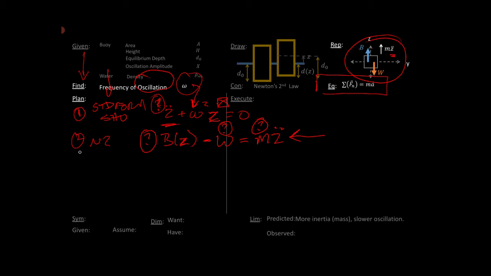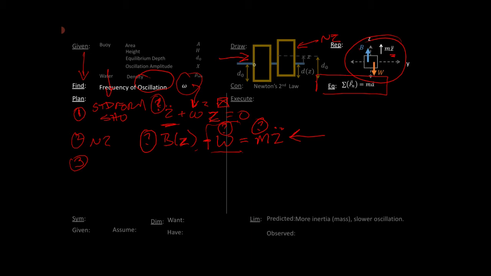Let's see. We can find this buoyancy, I guess, or we can find the weight, or we can find the mass. Let's find the weight. I actually have a really cool way to find the weight, and that's with this situation. So this situation is this thing's going up and down and oscillating, right?